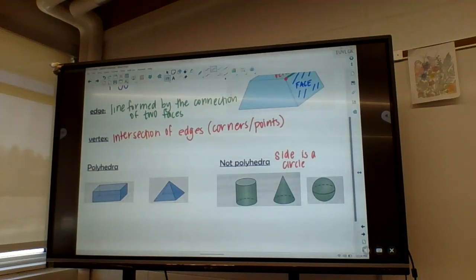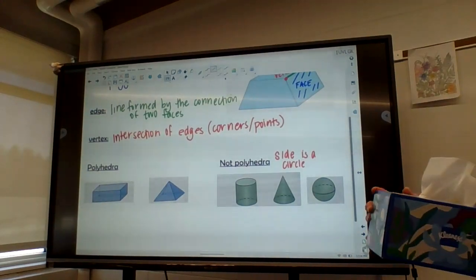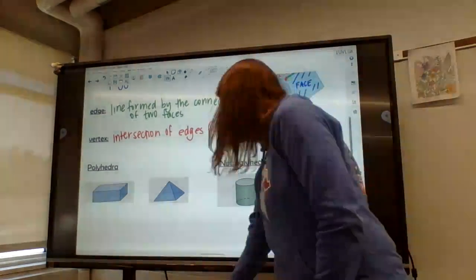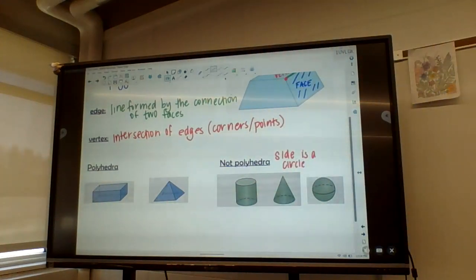So on the corner of my Kleenex box, that would be a vertex. So we have faces, we have edges, we have vertices. And we're going to talk about all these, but again, polyhedra is the one that has to be formed by polygons.